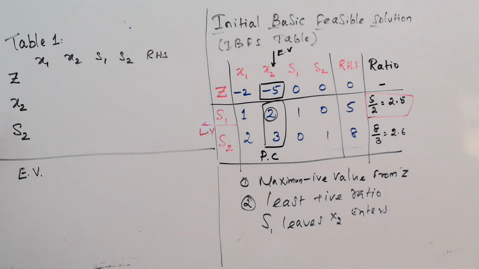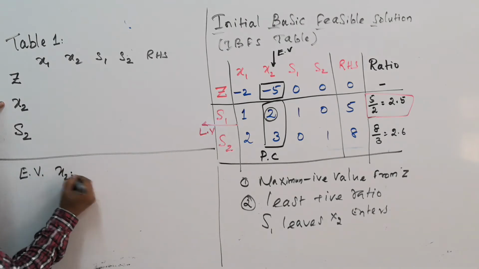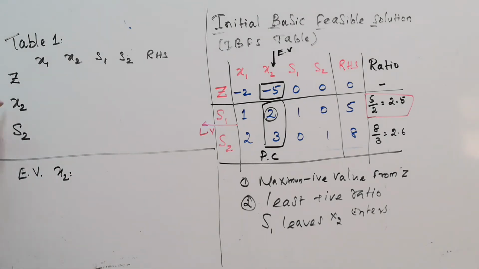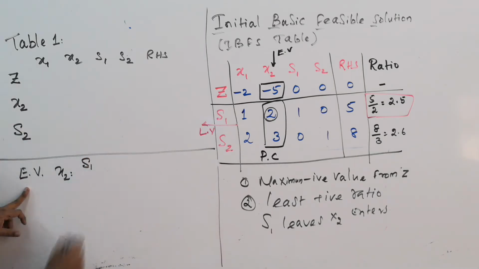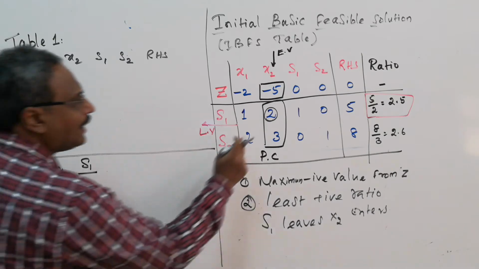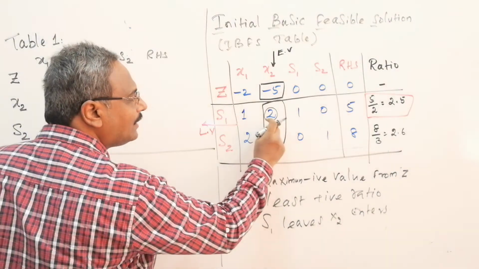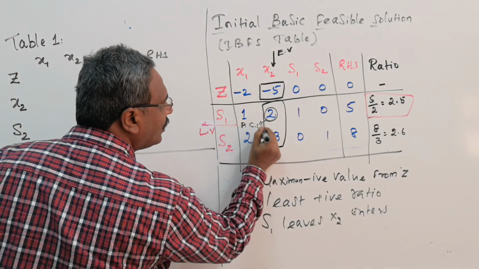I am going to find the value of X2. To find the value of X2, which is the entering variable, I am going to take the leaving variable and divide by the corresponding pivotal column element. This is called the pivotal column element.